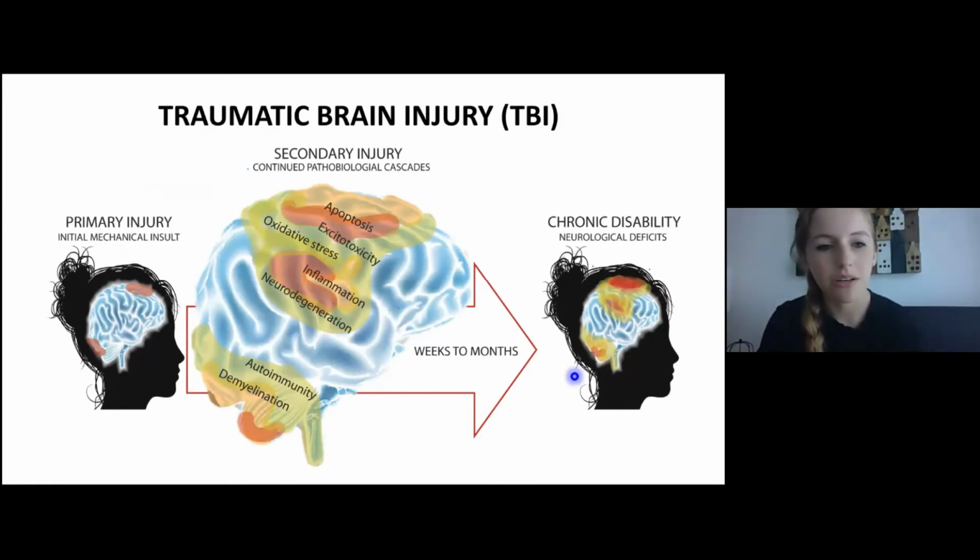Following the mechanical insult that results in a disruption of the underlying neural tissue, there are a series of pathobiological cascades that lead to further cell death and dysfunction for weeks to months after injury, and then give rise to these chronic neurological deficits that the patient experiences.